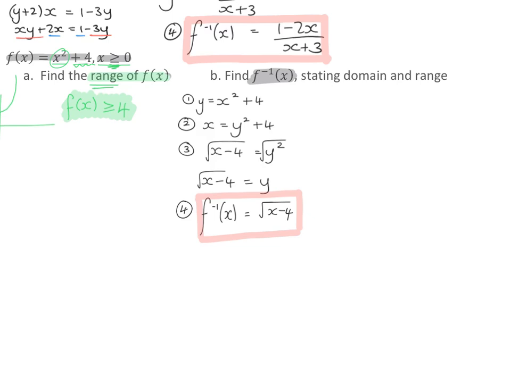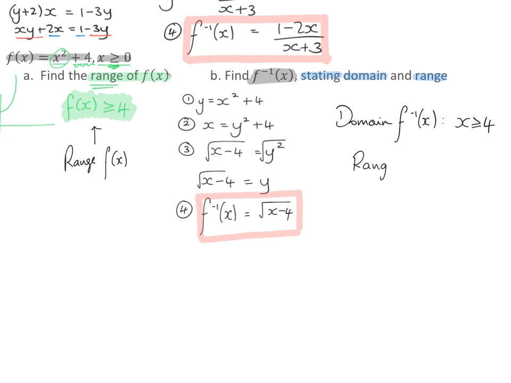Now the final part of this question says stating the domain and the range. Now remember, these become the opposites. So this is the range of f of x. So therefore the domain of f minus 1 of x is x is bigger than or equal to 4, because domain is the inputs, so it's the x values.